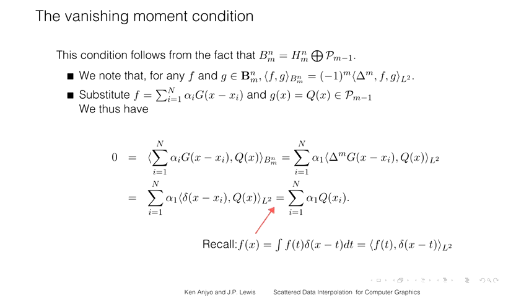According to the definition of the delta function, the L2 inner product between delta and q should be the value q(x) at x_i. So we have this equation. So the vanishing moment condition simply means the orthogonality of the RHS space and the polynomial space. So this should be satisfied. This is a necessary condition.